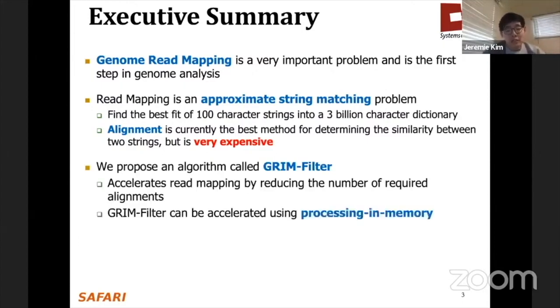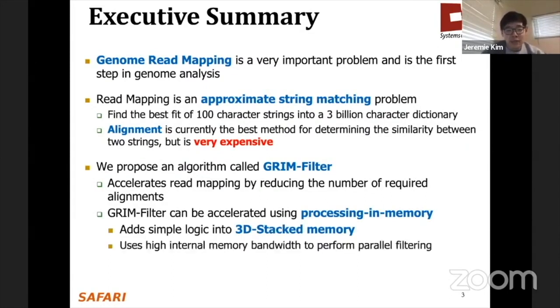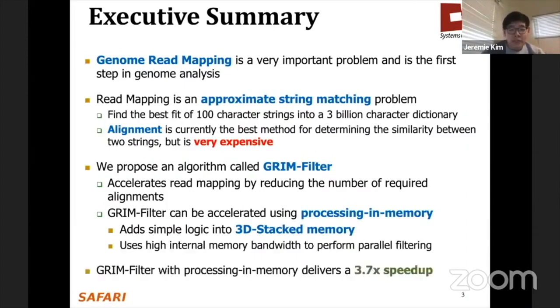We design GRIM-Filter such that it's able to be easily accelerated using processing in memory, which is a technology that basically adds simple logic into a 3D stacked memory. It has high internal memory bandwidth and enables performing parallel filtering. So with processing in memory, GRIM-Filter is able to deliver up to a 3.7x speedup.